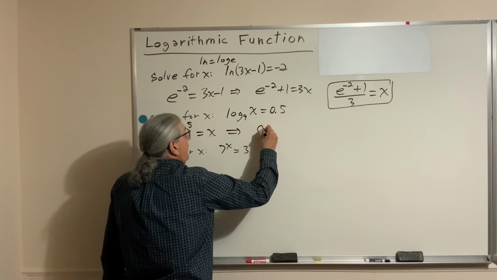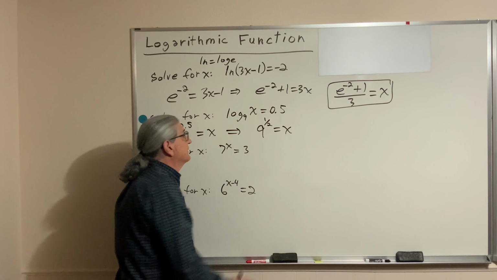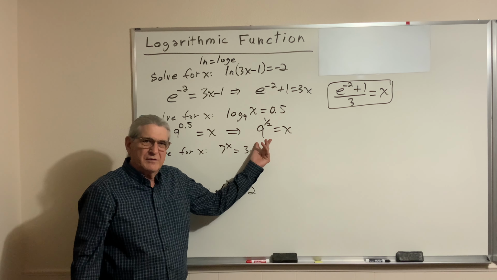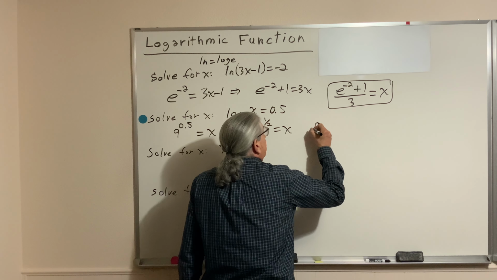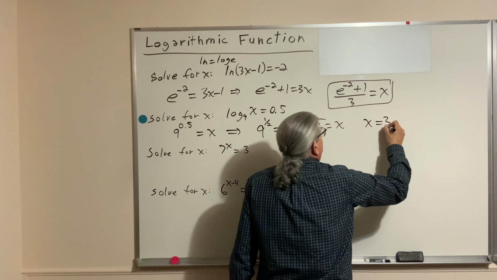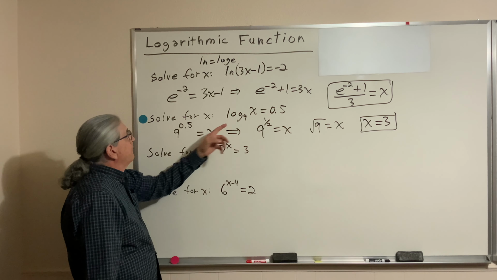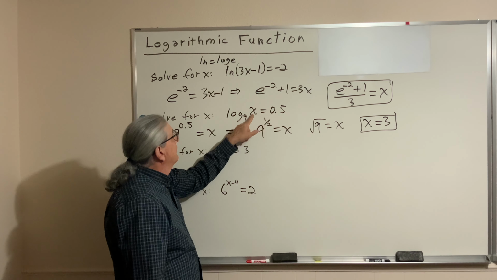This is 9 to the 1/2 power equals x. And what is 1/2 power? Do you remember? It's the square root. So the square root of 9 equals x. So x equals 3. And if we put this in here, 9 to the 1/2 power equals 3.